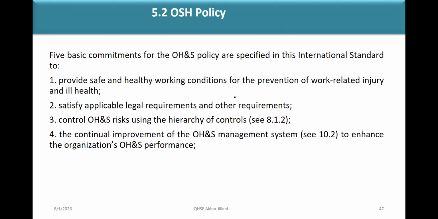So when the auditor comes, they will see in the procedure that you have mentioned the internal audit will be conducted biannually, so you have to show me two reports. So this is called other requirements.